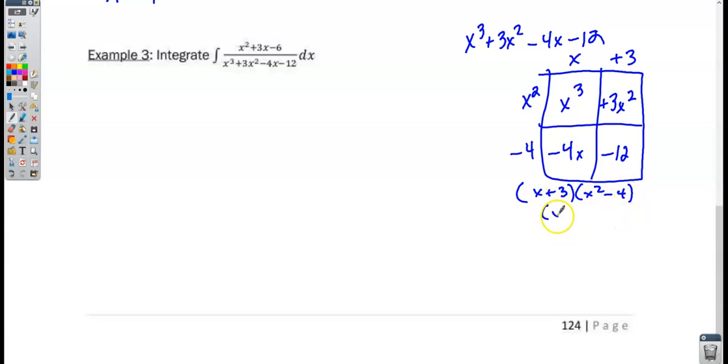And further, I know that x squared minus 4 can be broken down with the difference of squares.